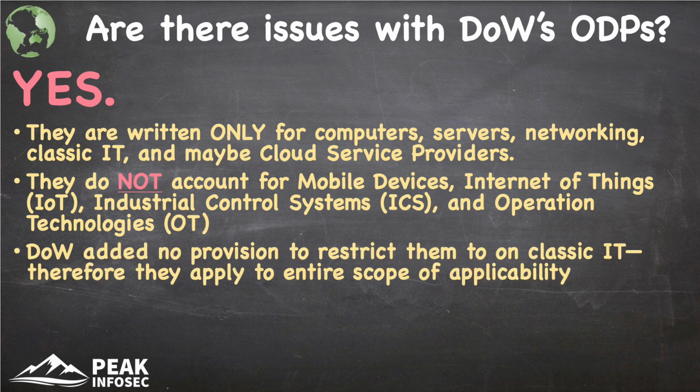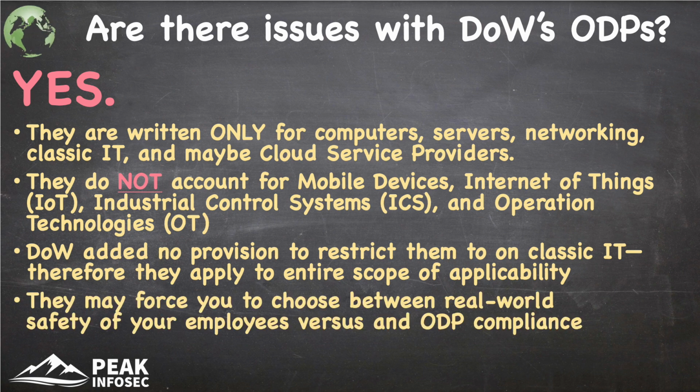Now, when they drafted this, there was no provision whatsoever to say this applies only to this class. You're responsible for figuring this out. Because there's no provision for that, per that regulation, you go back to that FAR clause, and you must apply them. This sucks. The real issue is this may force you as the business to choose between real-world safety and compliance.